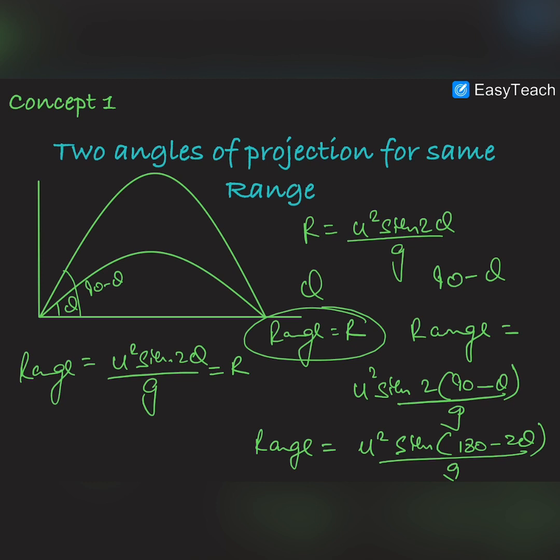But you can see that for the bigger angle of projection, the maximum height is greater, and obviously the time would also be greater. So let us analyze that also. For an angle of projection of theta, the maximum height is h1, which is u square sine square theta by 2g.